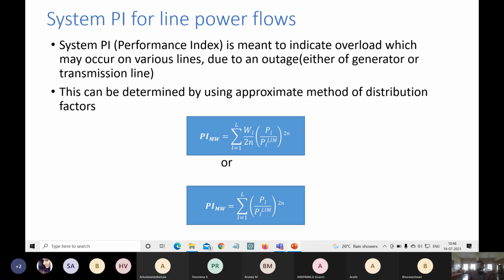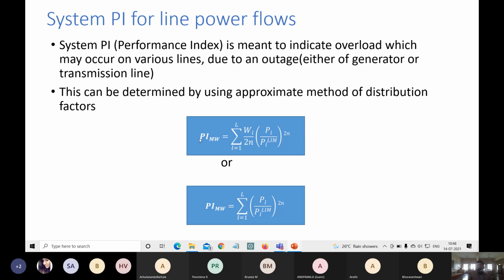This can be determined by using the approximate method of distribution factors, with the performance index measured in terms of megawatts.